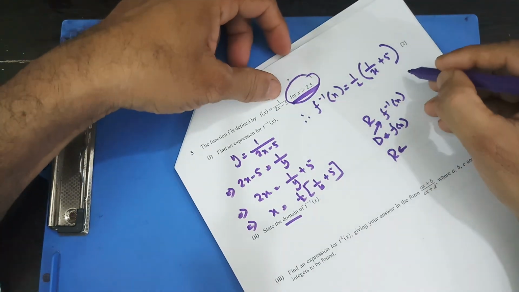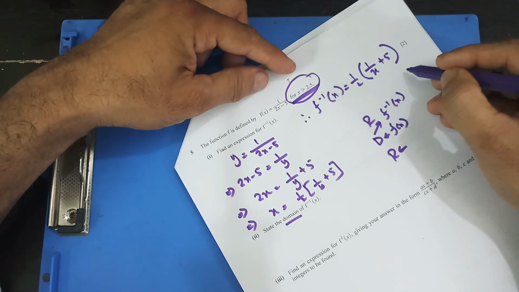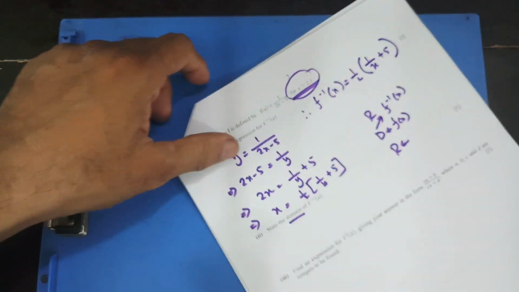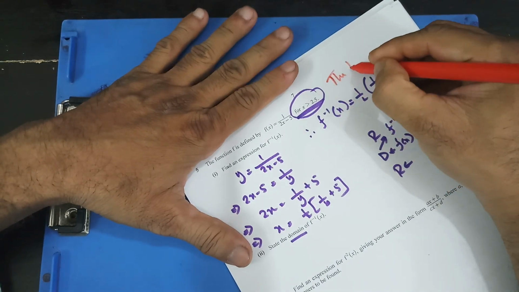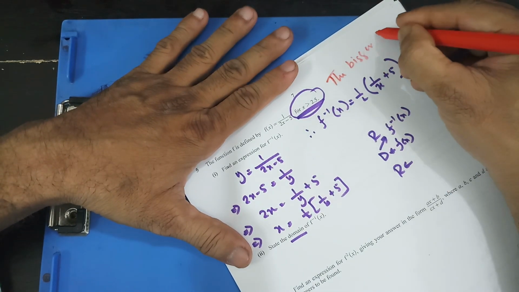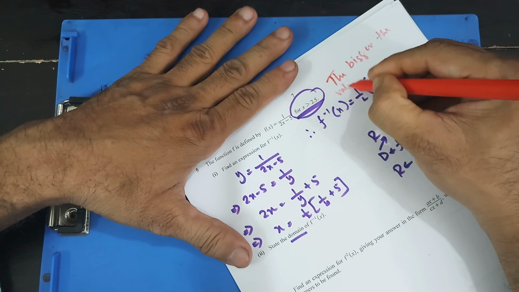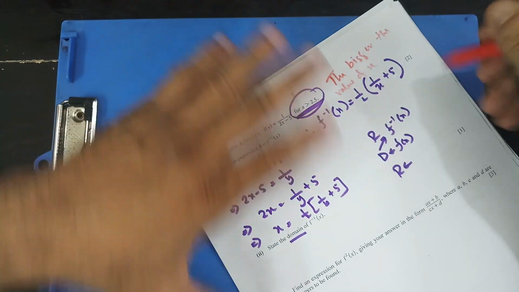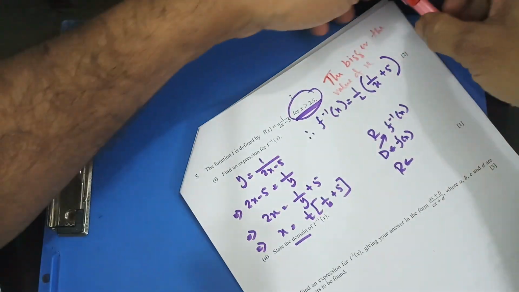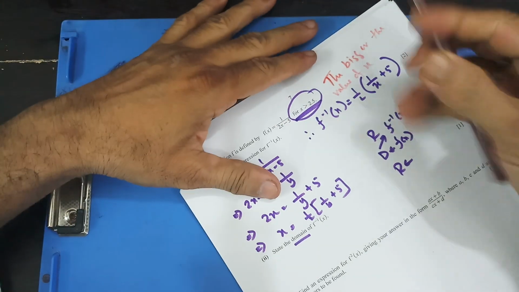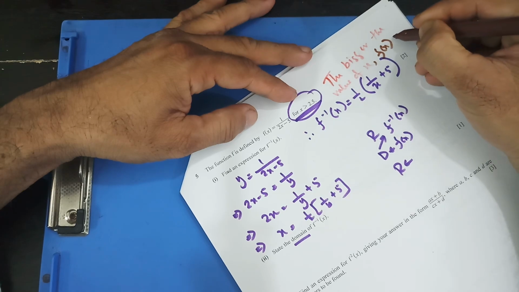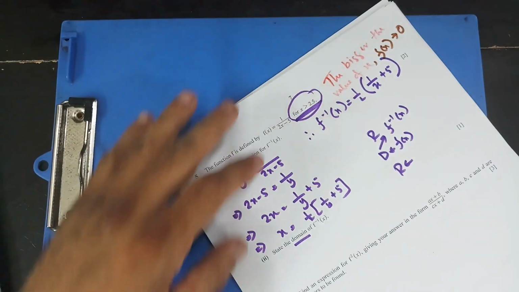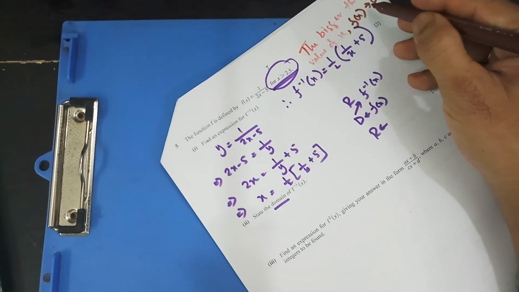So the bigger the value of x, then this function tends to get 0.